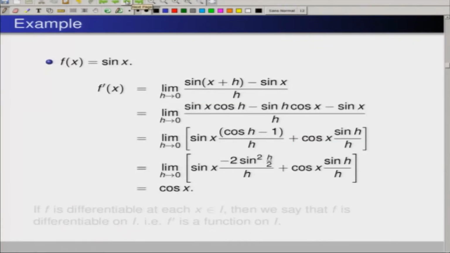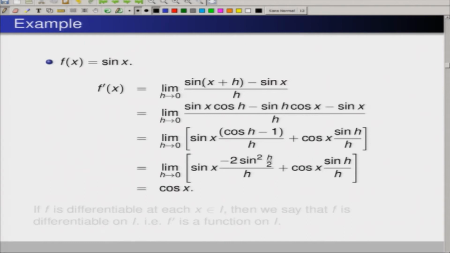Now, let us look at trigonometric functions. The most familiar is sin x. The domain of sin x is the entire real line R. So one would like to check, for every x, whether this function is differentiable or not. In order to see that, we need to find whether this limit exists. If this limit exists, then that is going to be f prime of x.